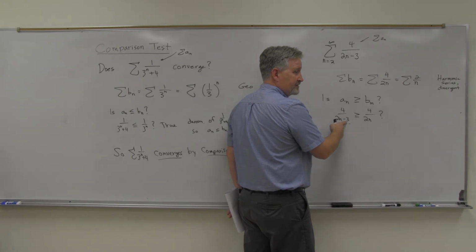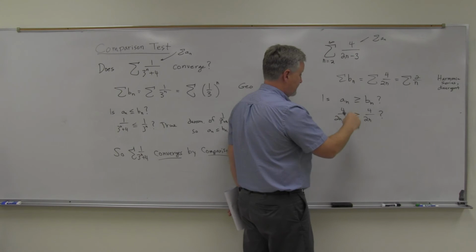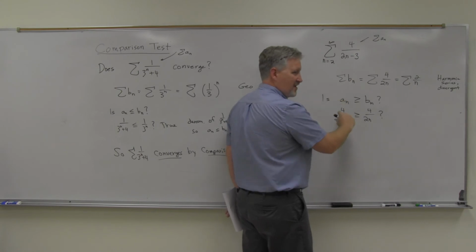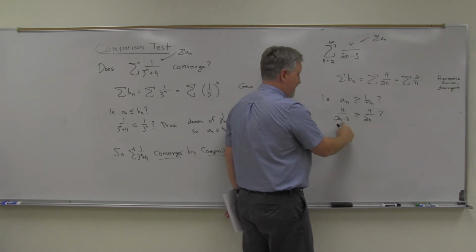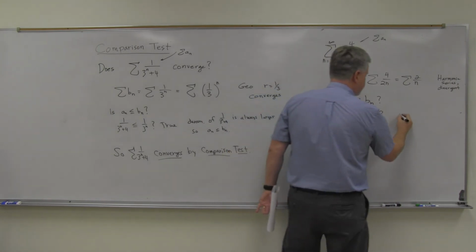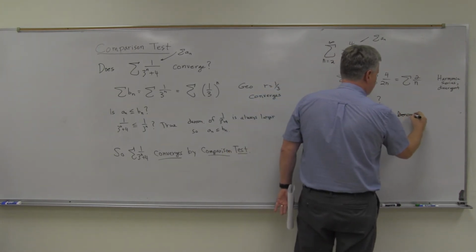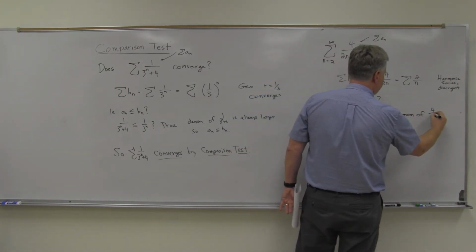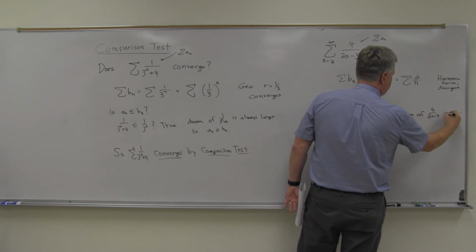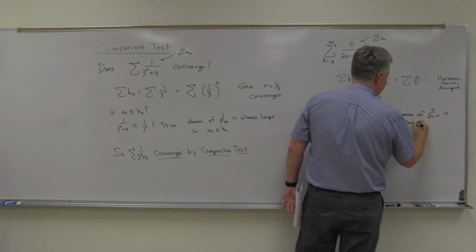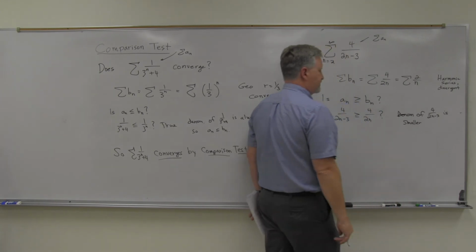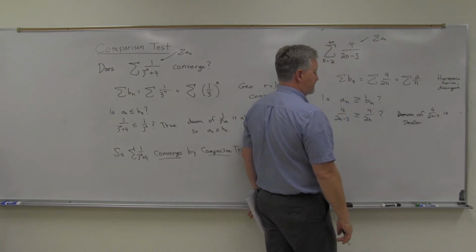The denominator is going to be smaller because I'm subtracting 3 in the denominator. So the denominator of 4 over 2n minus 3 is smaller.